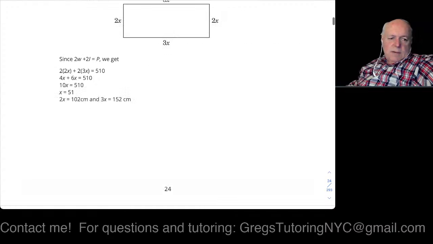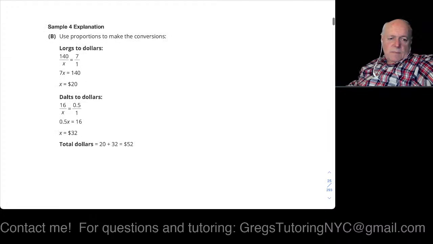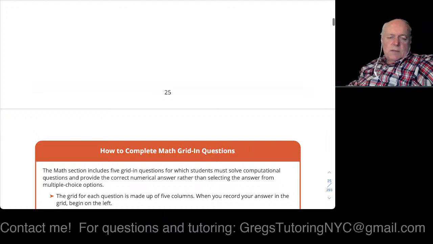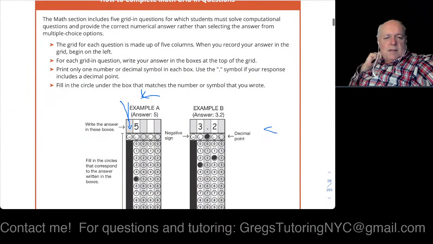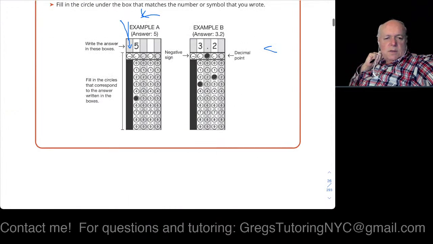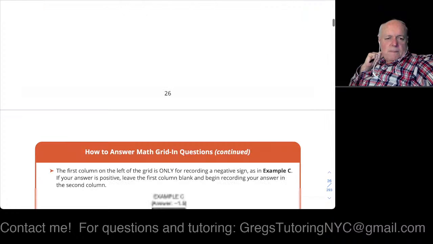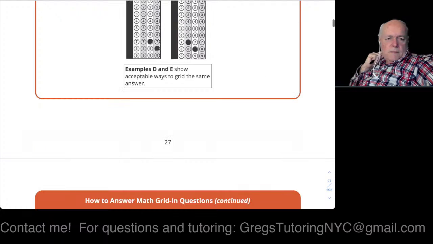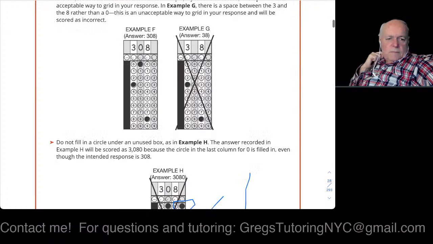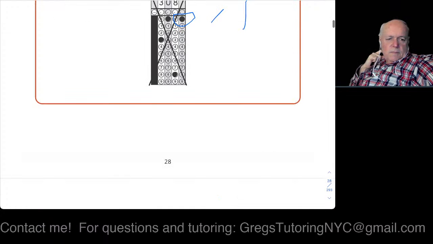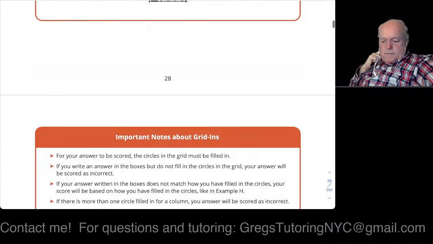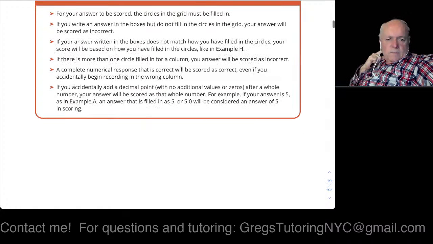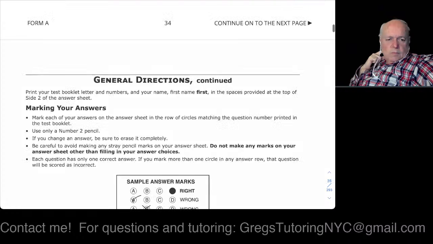That's the logs to dollars. And that's the grid-ins. Remember to do the grid-ins. Let me just see. I don't remember. I don't think there's a grid-in sample, but let's see. Yeah, there's no grid-in sample.